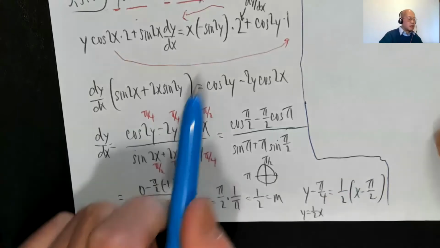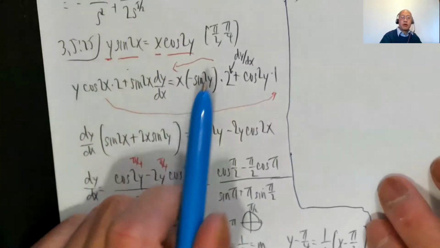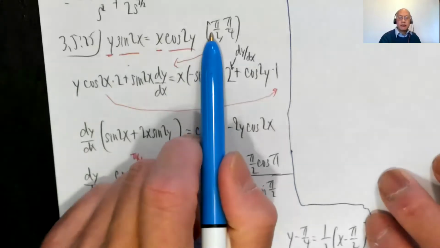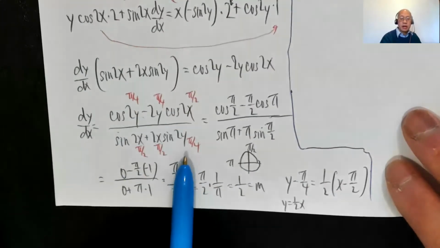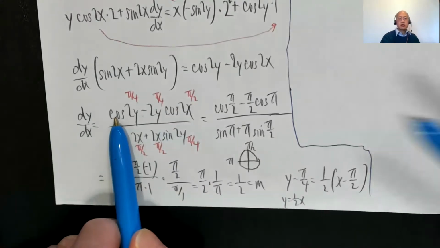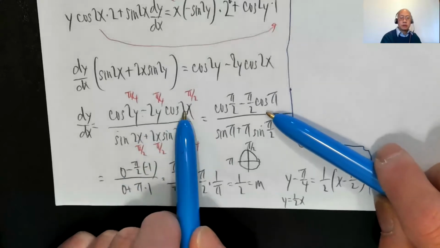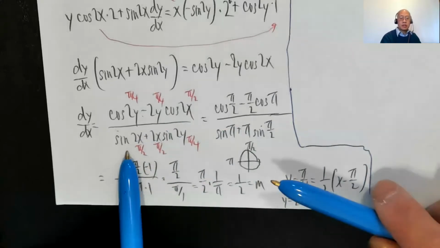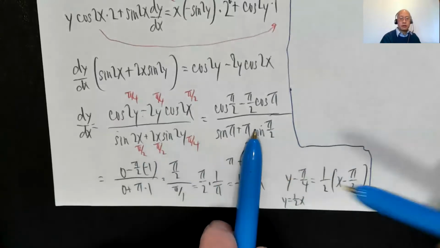Okay, and now I plug in pi over 4 every time I see y, and pi over 2 everywhere I see x. So pi over 4 goes here, here, and here. Pi over 2 goes here, here, and here. So this is cosine pi over 2, 0, minus pi over 2 cosine of pi divided by sine of pi plus 2 pi over 2 is pi, sine of pi over 2.